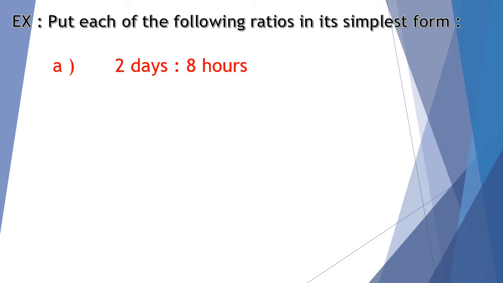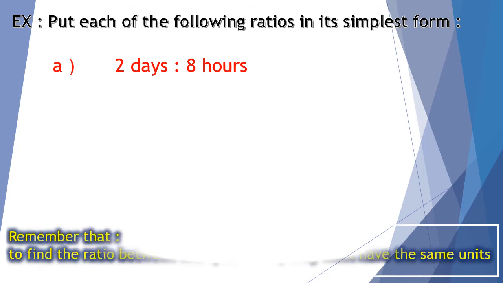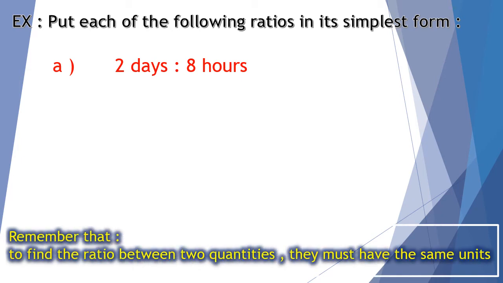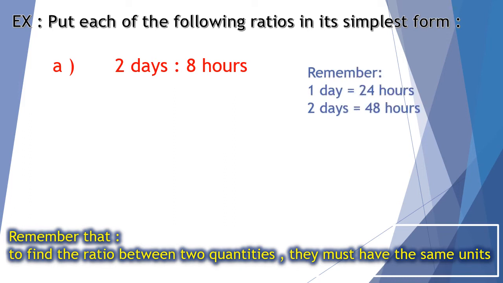To find the ratio between two quantities, they must have the same units. In the example, we have two different units. We can convert the days to hours.